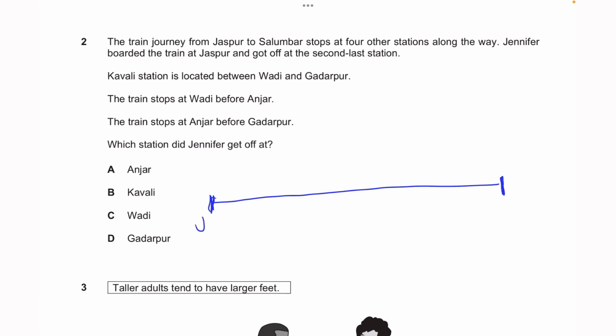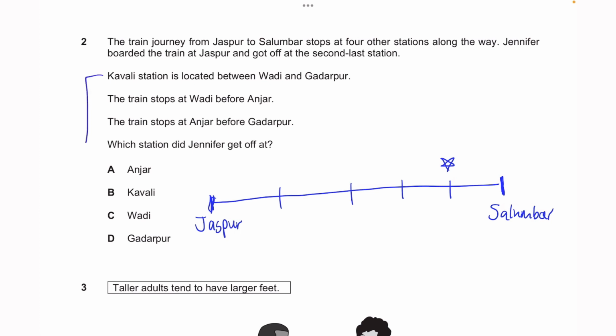And we know that it starts off at Jasper and it ends at Salumba. And it stops at 4 other stations. So that means that's 4 stops. So that's 1, 2, 3, 4. And we know that Jennifer gets off at this second last stop. So it's this stop here.